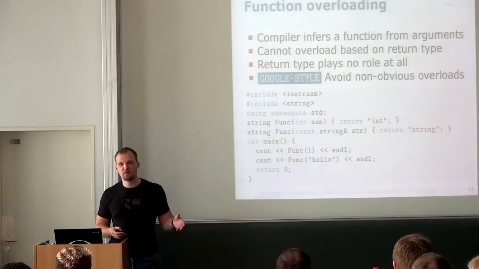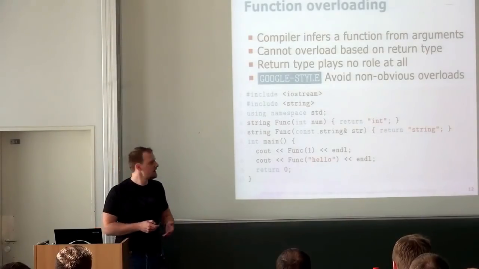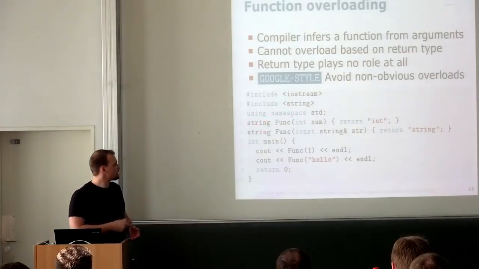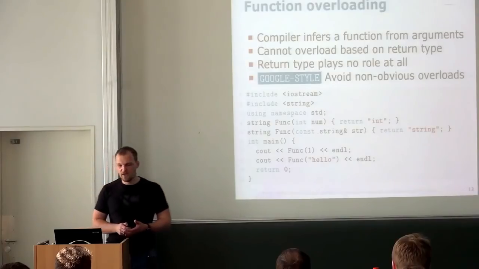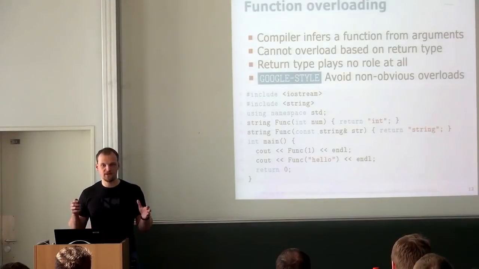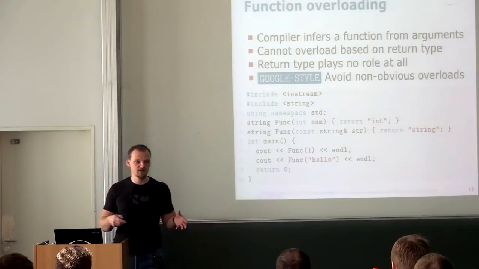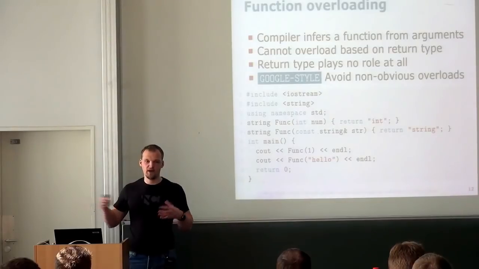Not the names of the input parameters, but their types. So for instance, you can have a function that returns a string, and it can get a number, or it can get a const string. And this will work as expected, because a compiler knows which function to use because it knows which type you pass into it.